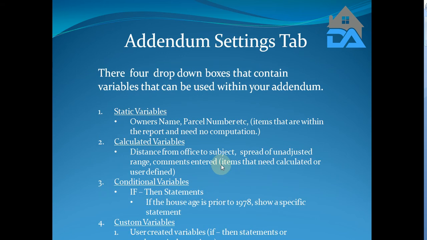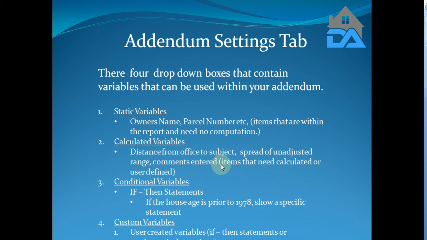So the addendum setting tab, you're going to see 4 drop-down boxes: static variables, calculated variables, conditional variables, and custom variables. The static variables, the best way to think about it is your page 1.